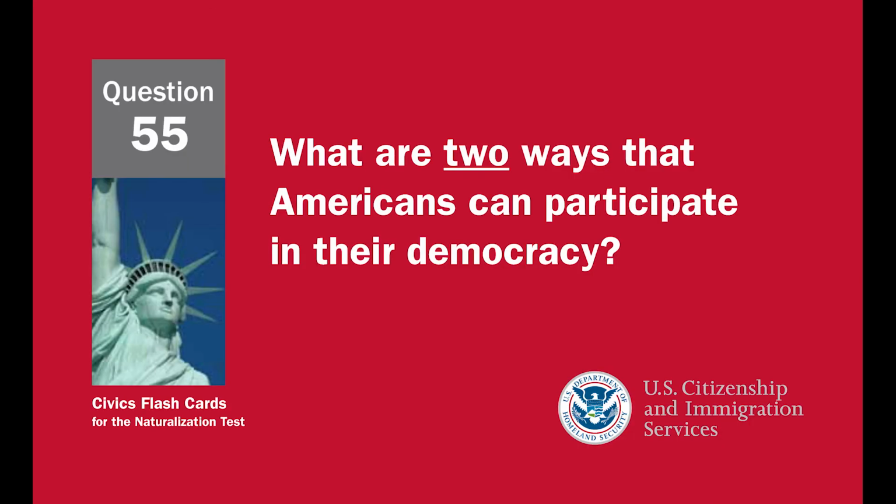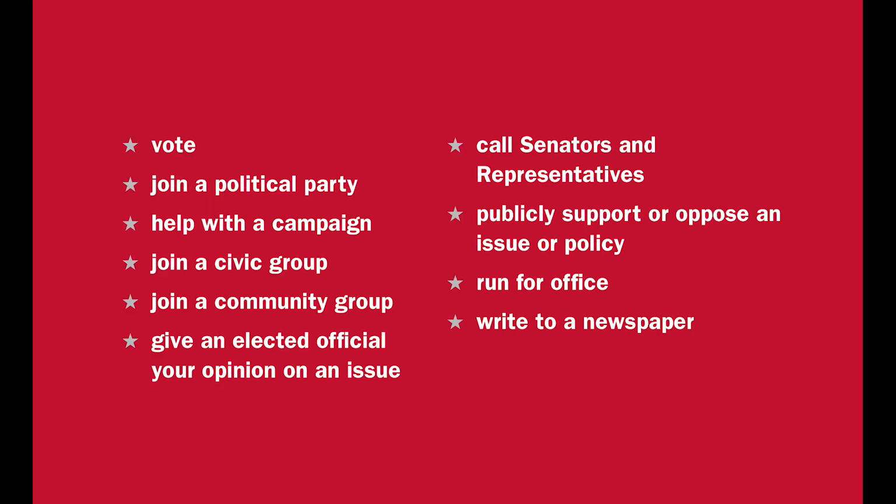What are 2 ways that Americans can participate in their democracy? Vote. Join a political party. Help with a campaign. Join a civic group. Join a community group. Give an elected official your opinion on an issue. Call senators and representatives.